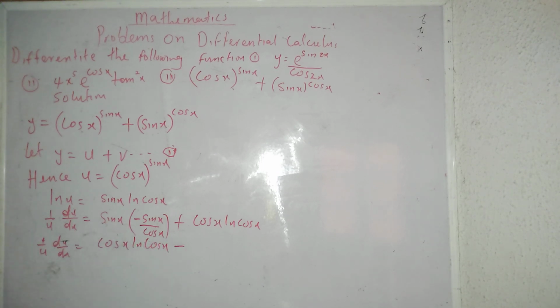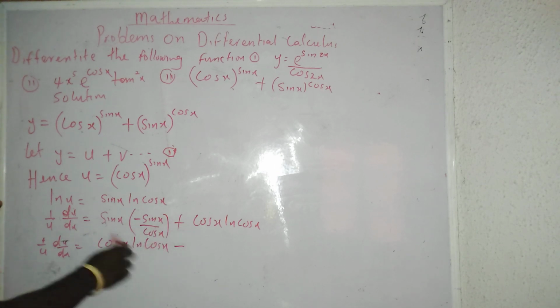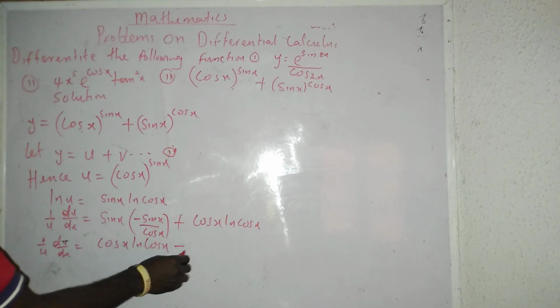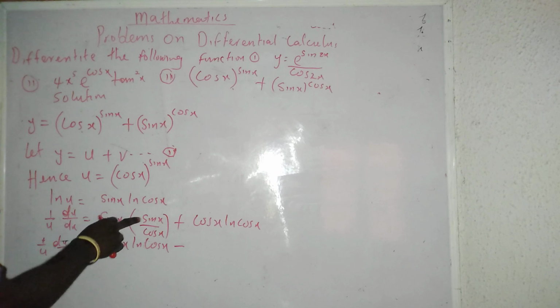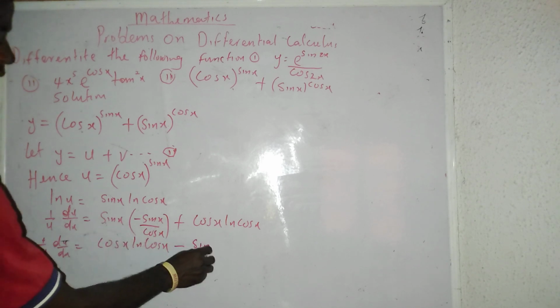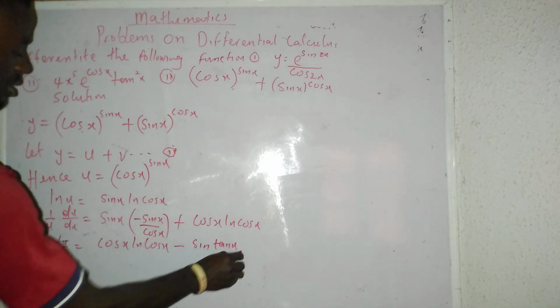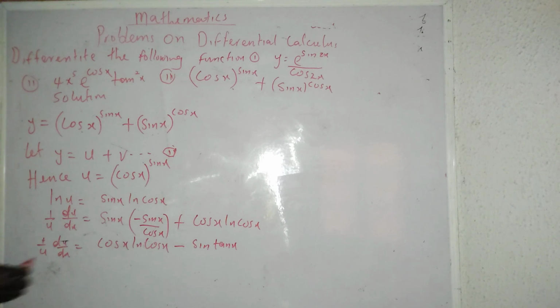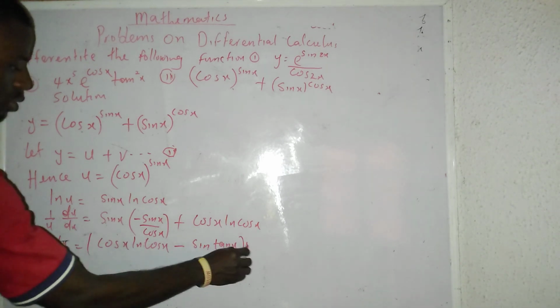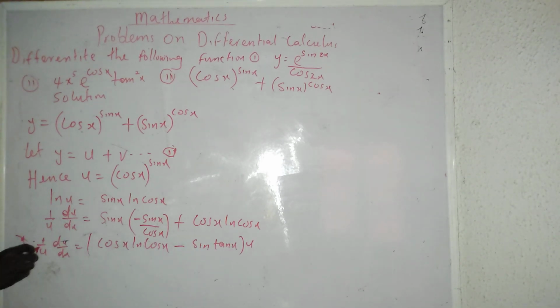Also, minus, the same thing here will be minus sine x tan x. That is for my u, and if I multiply both sides by u, it will cancel u.